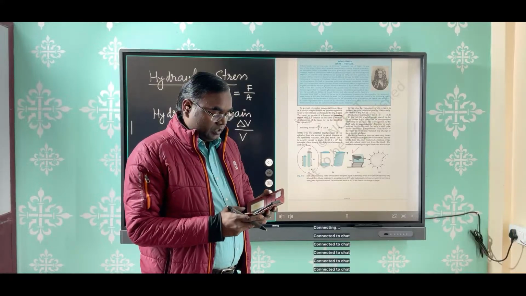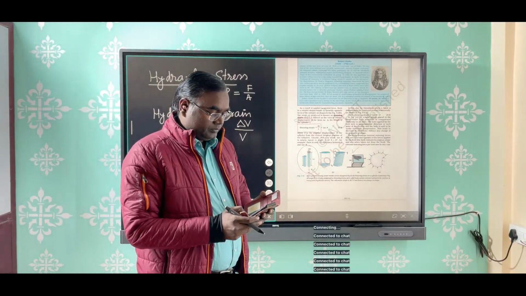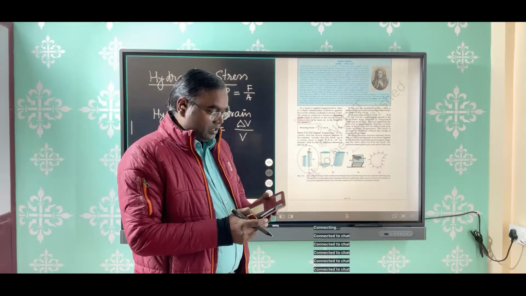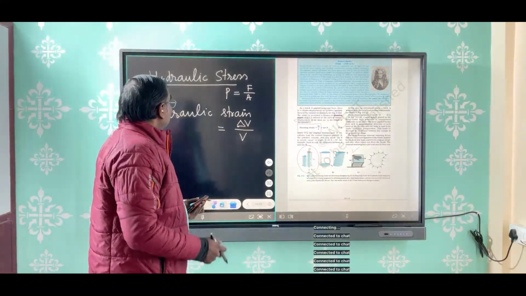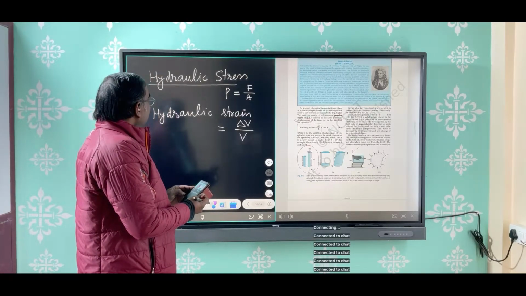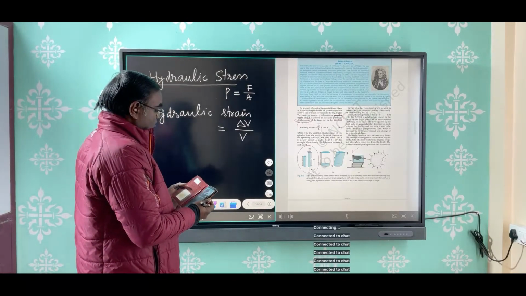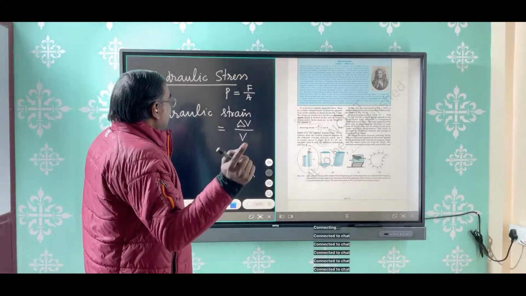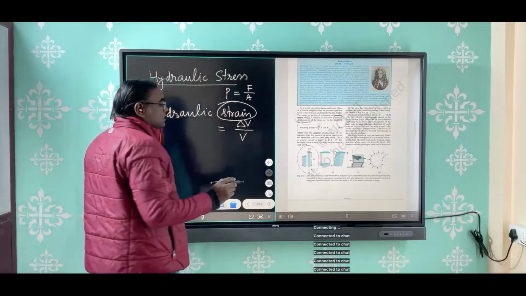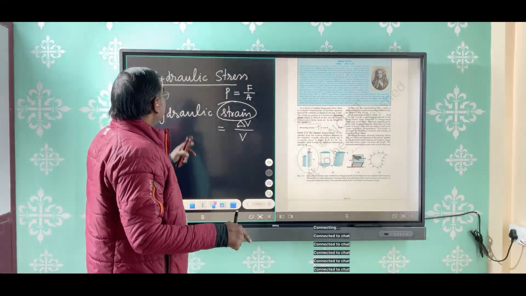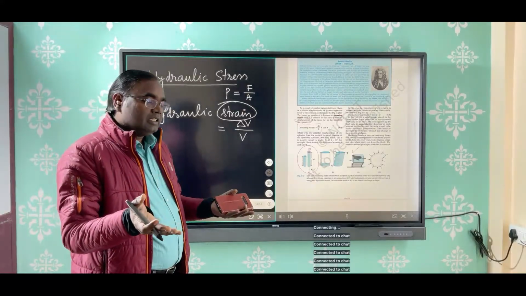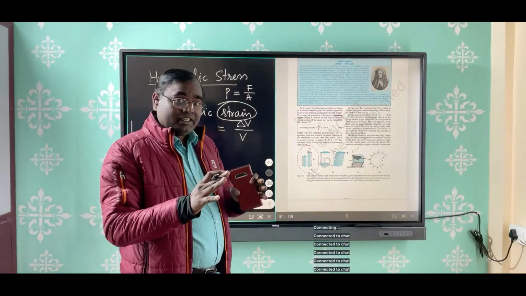So here I would like to attract your attention that this hydraulic strain is always negative when there is a hydraulic stress over the object that is dipped in the liquid.